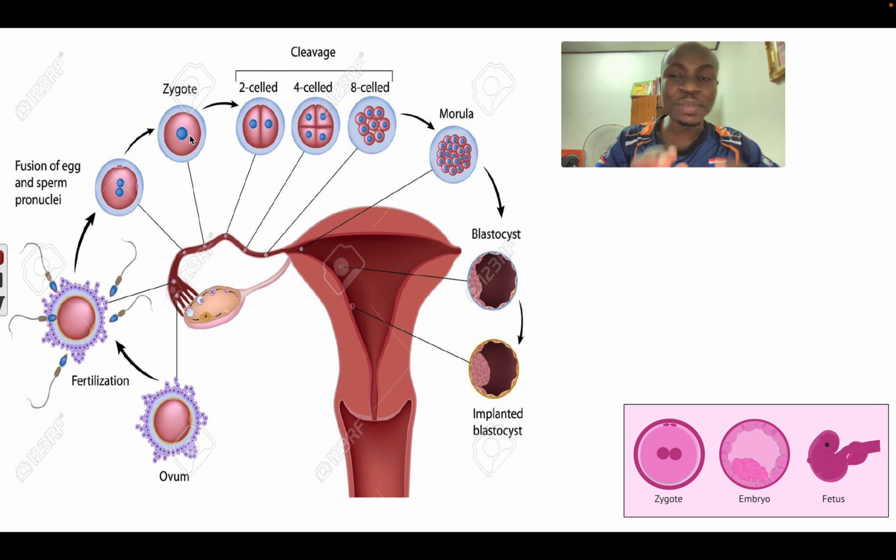The zygote will divide into many cells and form a blastocyst. And this blastocyst will move inside the wall of the uterus or the womb. The blastocyst will develop to form the embryo, and the embryo will develop to form the fetus.